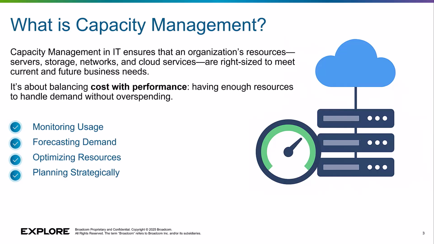It's about optimizing your resources around the idea of right sizing workloads, fine tuning performance, and even reallocating resources to better control cost. And then last but not least, it's that strategic planning aspect. In short, capacity management is like budgeting for IT resources, really ensuring that the right balance occurs between cost, performance, and even future readiness.